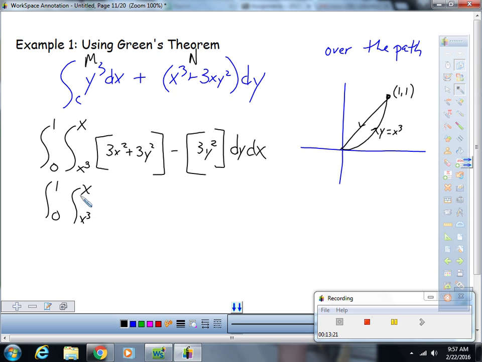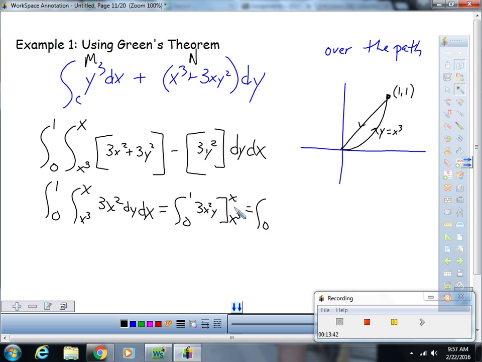And we're actually just integrating 3x squared dy dx. So that's the integral from 0 to 1 of 3x squared y as y goes from x cubed to x.